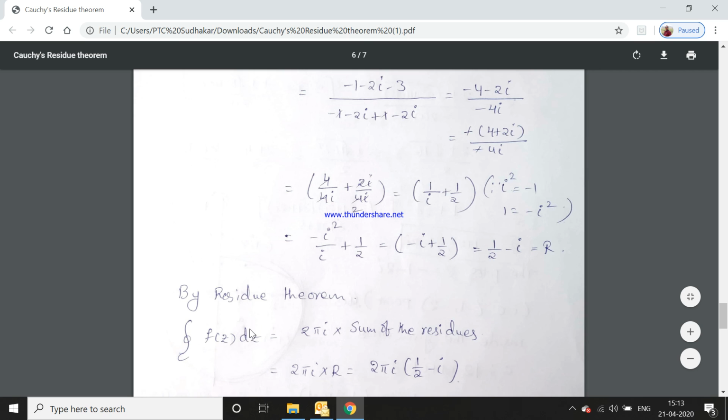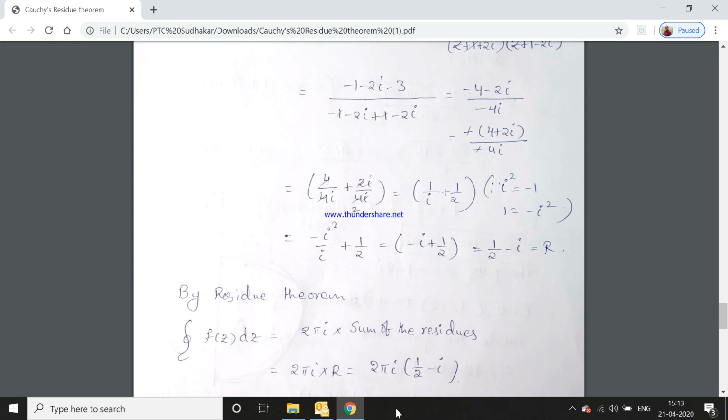Then by using the residue theorem, the integral over c of f of z dz is equal to 2 pi i into the sum of the residues. That is 2 pi i into, we have only one residue, substituting it, we get 2 pi i into 1 by 2 minus i. So by using residues, we are evaluating the integration of f of z over the circle, or generally any closed curve, though we discuss only circles.